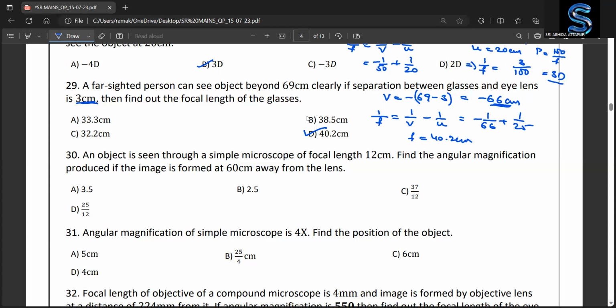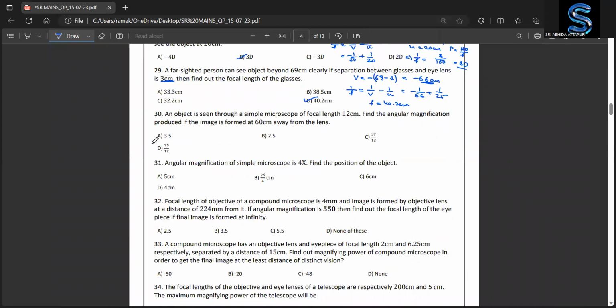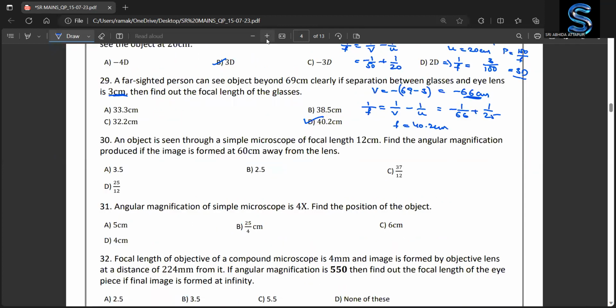An object is seen through a simple microscope of focal length 12 centimeters. Find the angular magnification produced if the image is formed at 60 centimeters away from the lens.